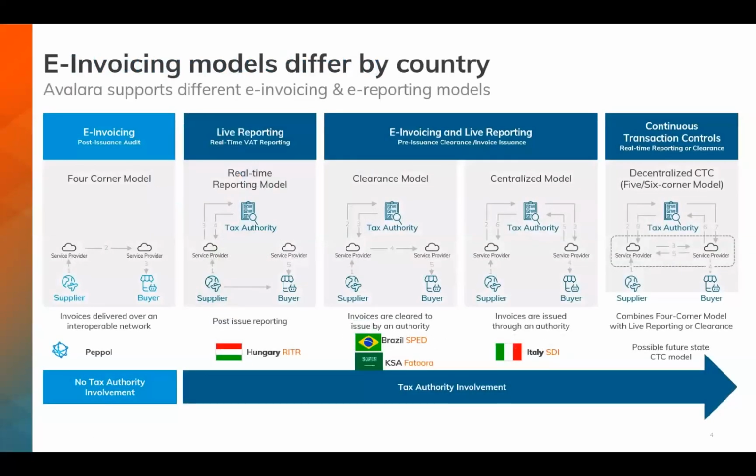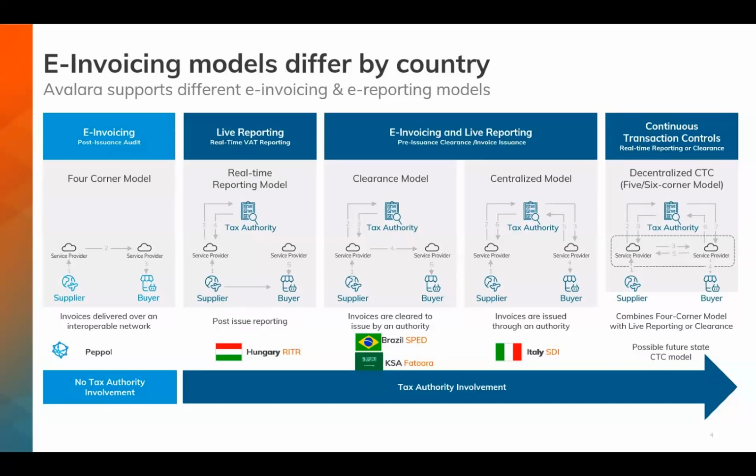Now let's talk about the data exchange model. This is the high-level overview of the data exchange model. Although document exchange models are country-specific and vary from each other, they can be grouped based on their typical features. Let's talk about the first one, the four-corner model. This is an interoperable model.